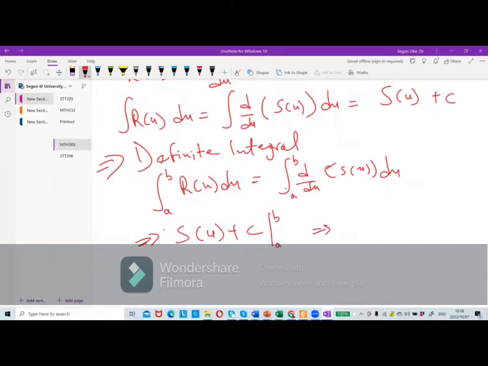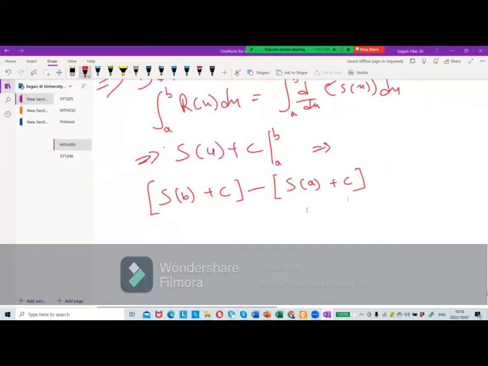Anywhere you see u, you substitute it. So it is the same as s of b plus c minus s of a plus c, because you can't substitute anything in the constant.